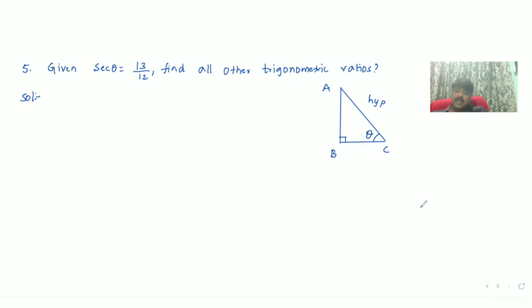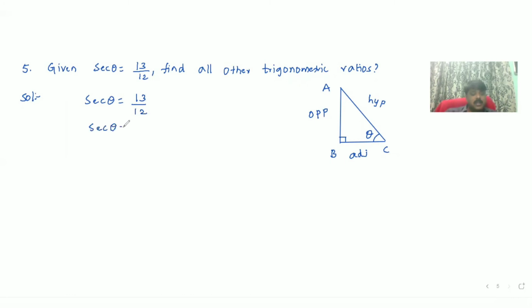Then the side AB becomes the side opposite to theta and BC becomes the side adjacent to theta. We are given secant theta equals 13/12.